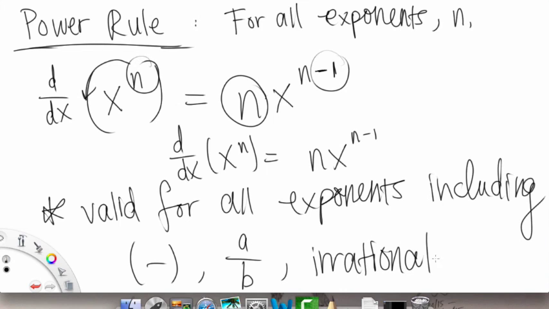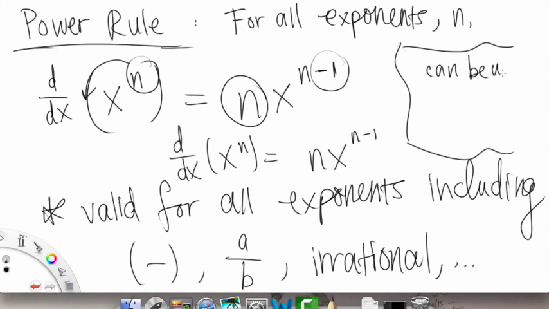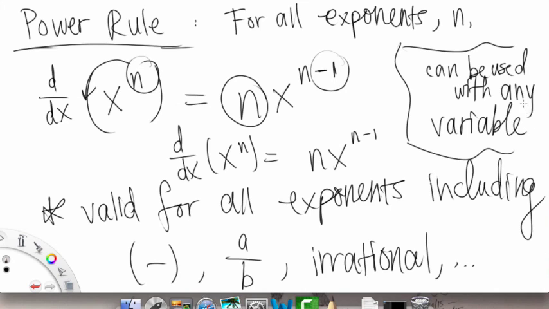So it's valid for everything, basically. It's also important to note that it can be used with any variable, not just x.